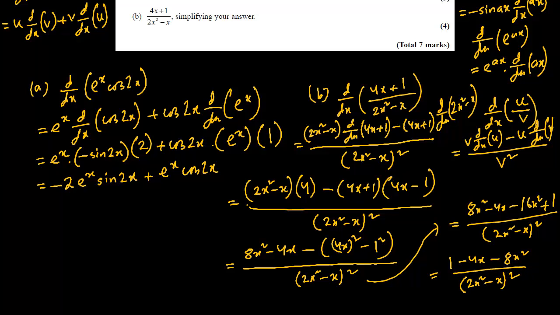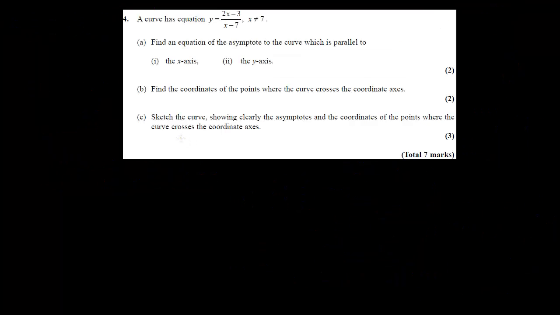So question number 4, this is coordinate geometry sketching asymptote. The first thing we have to do is find the equation of the asymptote to the curve which is parallel to the x-axis. If the asymptote is parallel to the x-axis, it's the asymptote of y. And if it's parallel to the y-axis, it's the asymptote of x.